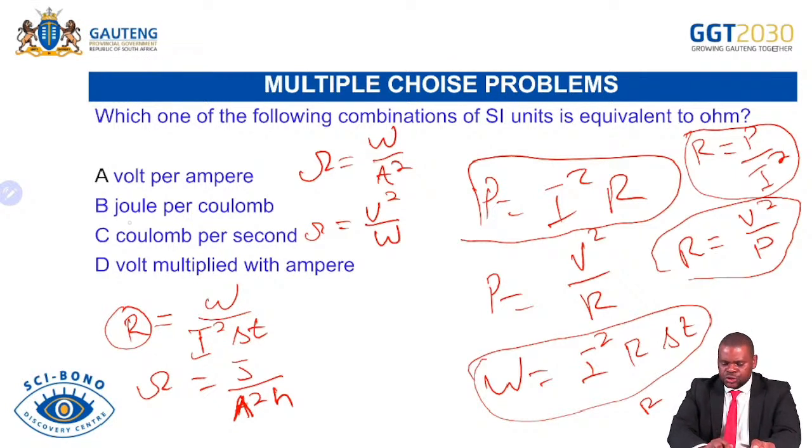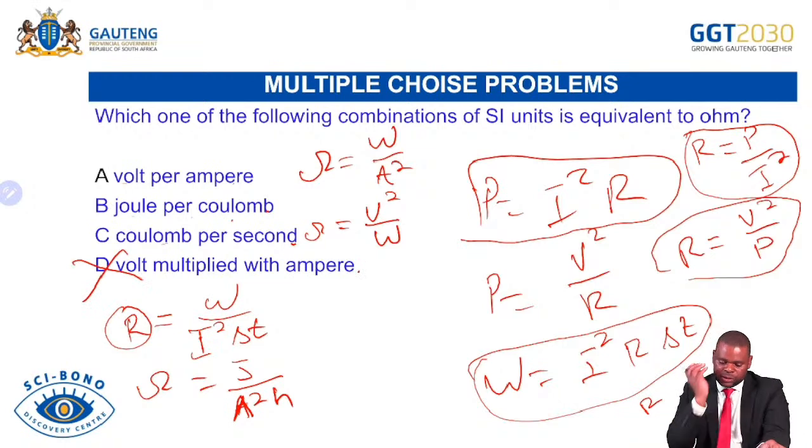This one says joules per coulomb. This one says volt per ampere. Volt per ampere. And then this one says joules per coulomb. This one says coulomb per second. This one says volt multiplied by ampere.